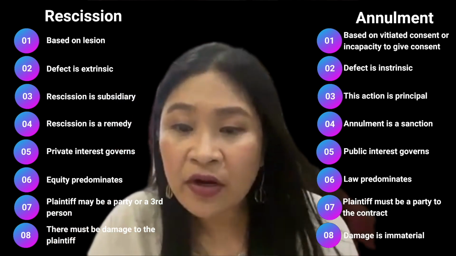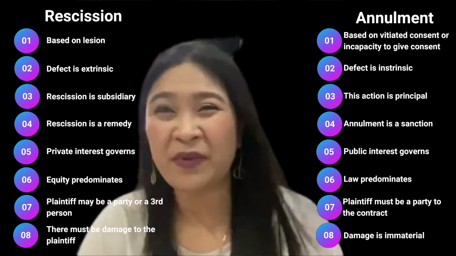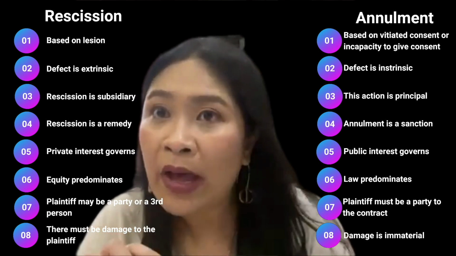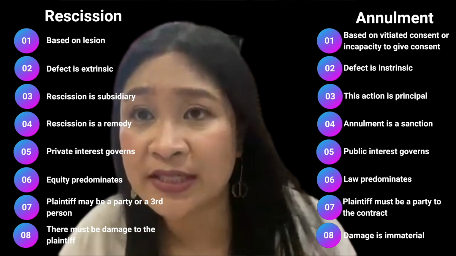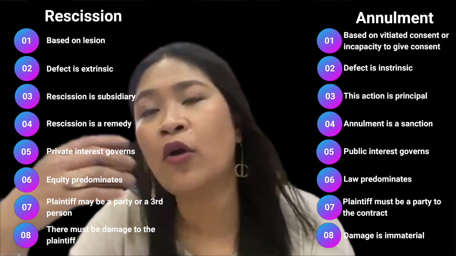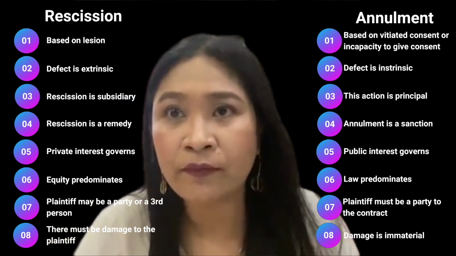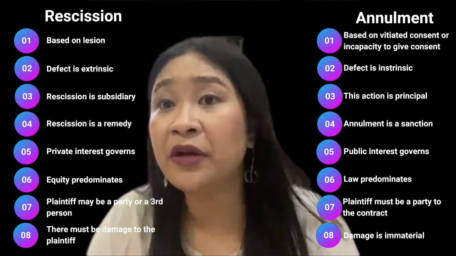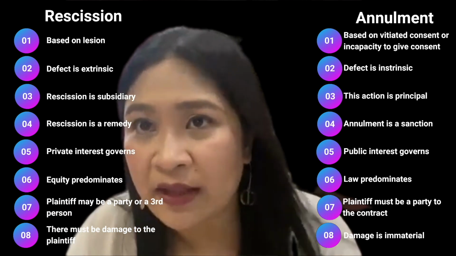Another is that private interest governs in rescission because, again, we're talking about financial or economic prejudice. While in annulment, it's the public interest that governs. Precisely, the law makes the contract voidable to protect an incapacitated person in entering into such contracts. In the same manner, it also gives a remedy to the injured party because his consent was vitiated.